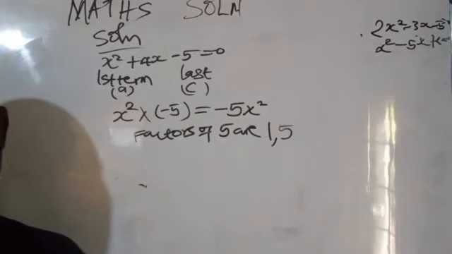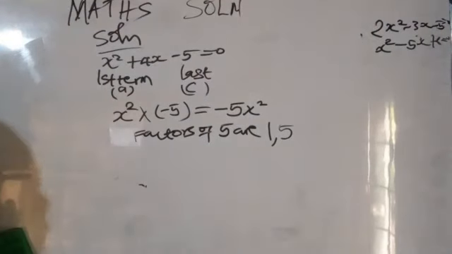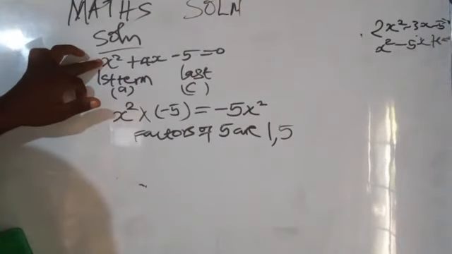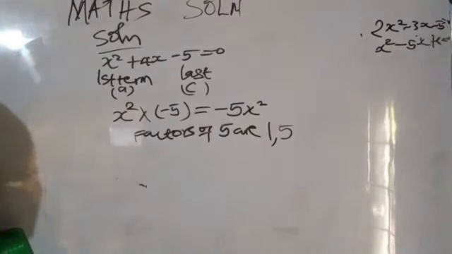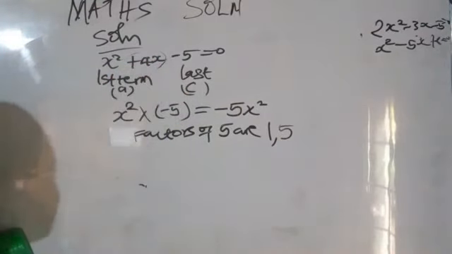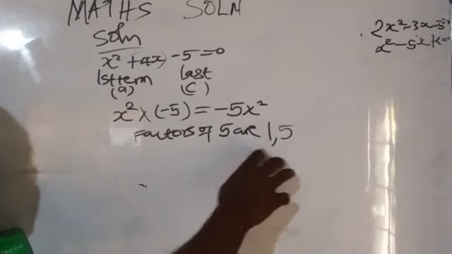The next thing to do, after getting these factors, is to come down here to the main equation itself and try to get the second term. The second term, which is the middle term, is plus 4x, right?